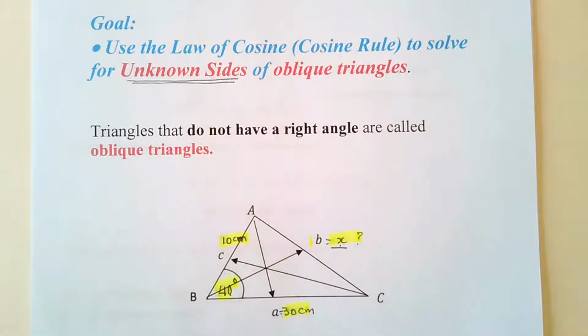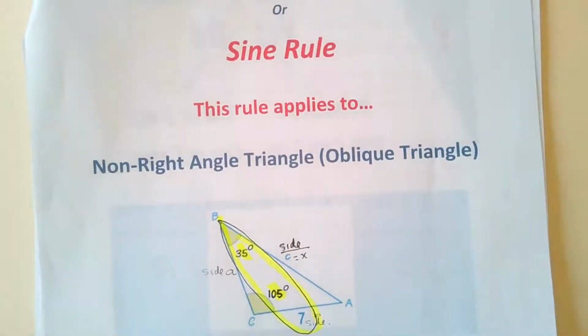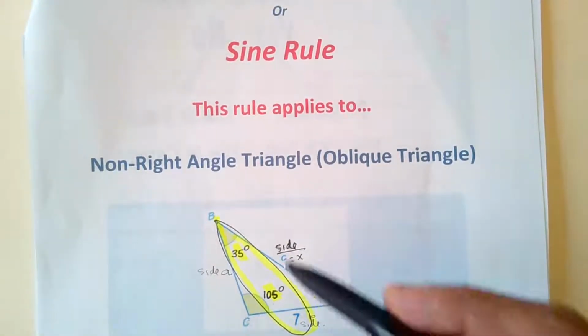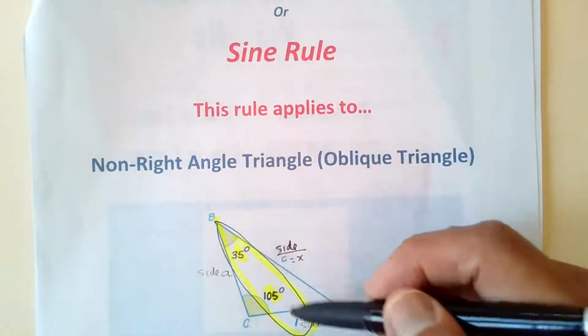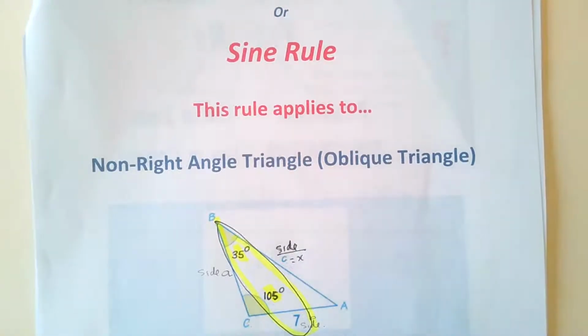Previously, we looked at the sine rule, but in the sine rule, we need a matching pair, or a complete partnership, to use it.